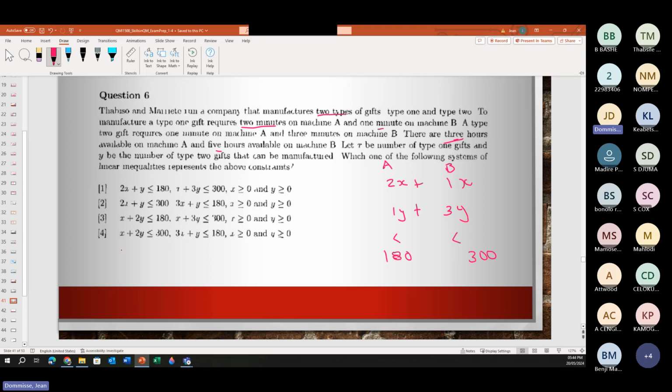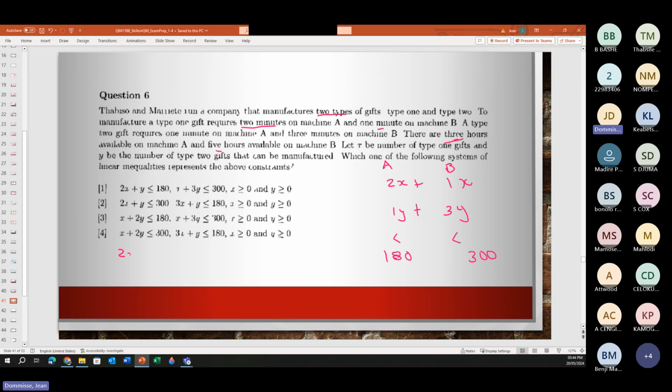So my first one is 2x plus y is smaller or equal to 180. My second formula is x plus 3x plus 3y smaller or equal to 300.